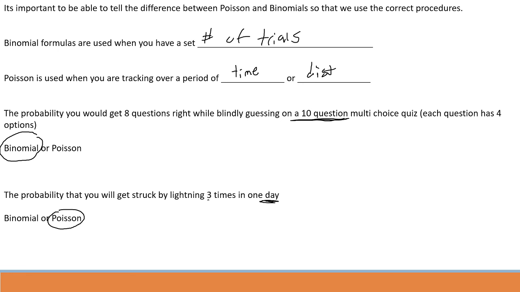It's not like what's the probability to get struck by lightning after 5 times? Well, what's a time of trying to get struck by lightning? There's really no way you can quantify that into an instance. So you track it over a period of time, or days, or years, or months, in this case days. That's what makes it a Poisson: you're tracking it over a period of time, not a set number of specific tries.